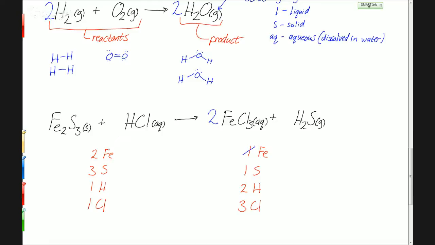So now that brings us to 2 of these, but it also changes us from 3 of these to 6, because now we've got 2 of those whole units, and each of those units has 3. So that's 6 total. It's really important to correct all the ones that change. Otherwise, it's not going to be in balance properly when we get to the end.